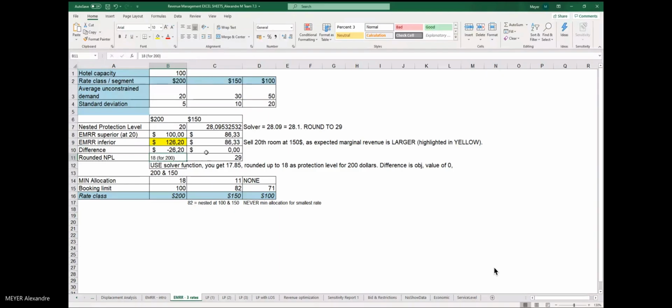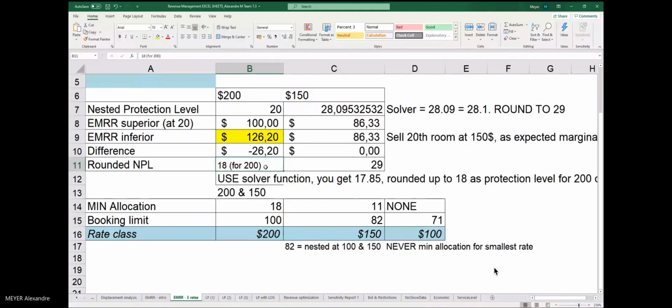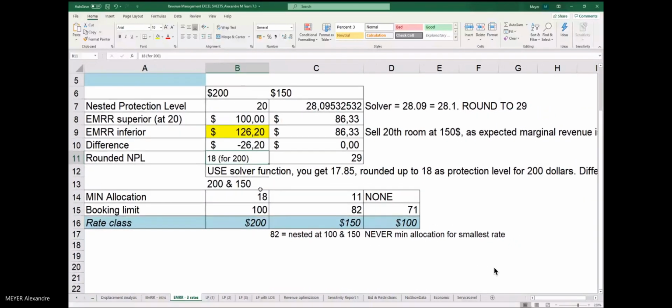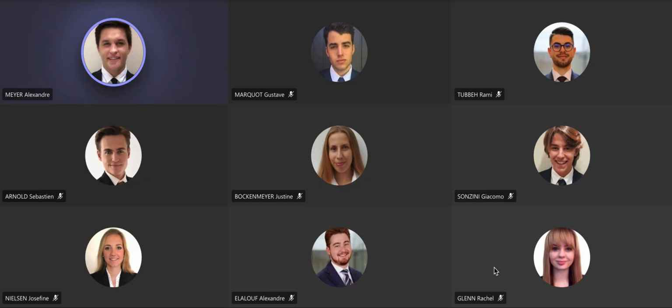So here you'll see that in reality, you're better off selling only 18 rooms as opposed to 20 rooms at $200, because you actually end up making more money, and it's more profitable for you in the long run. So just a little example there to give you a visual representation of that.